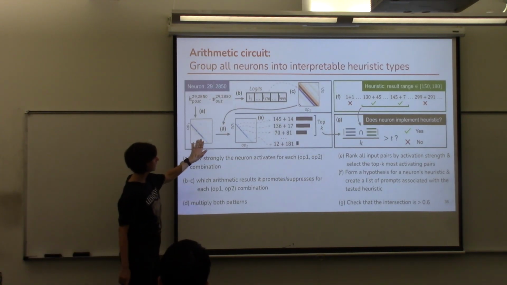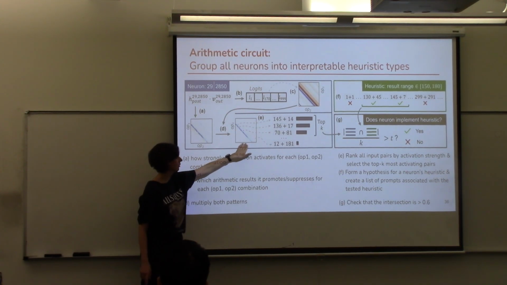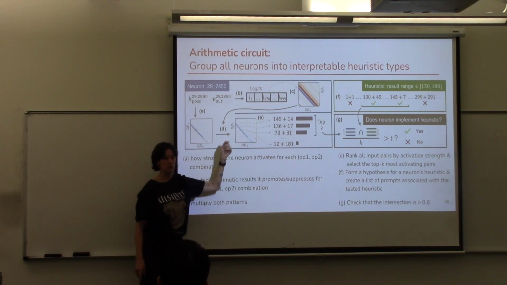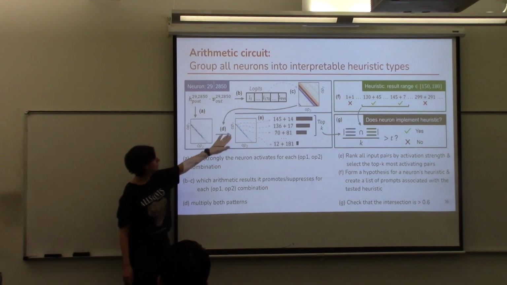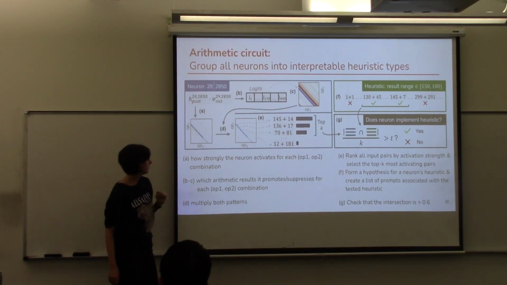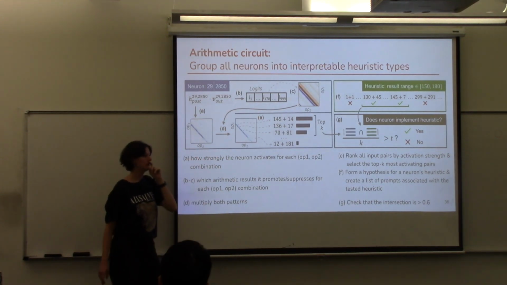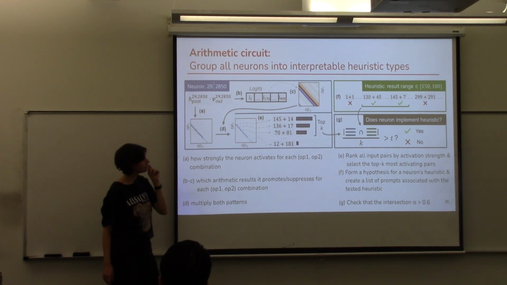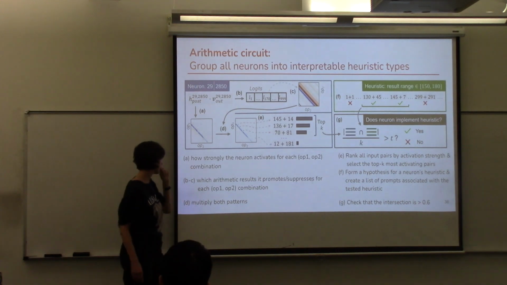Then you can get the activating pattern: if I have operands in this range and operands in this range, this shows the value of this neuron's activation. So this is the neuron's pattern. And then we have also which logits this neuron is activating for, and they turn this logits vector into, again, this heat map.